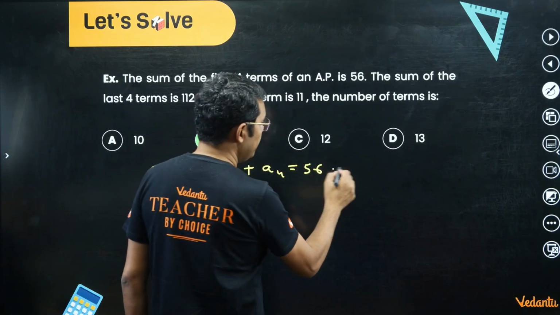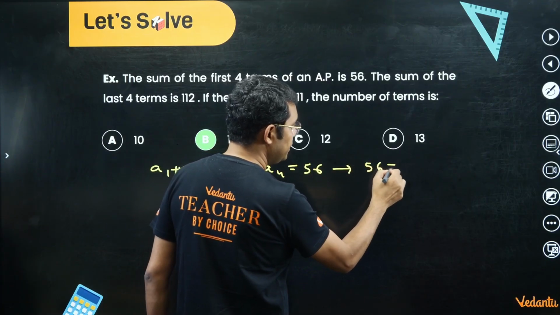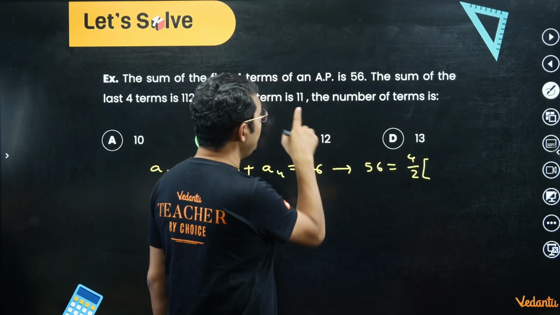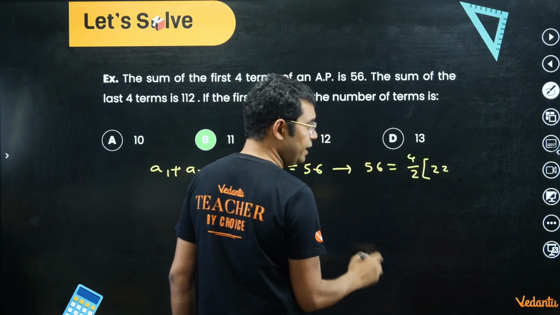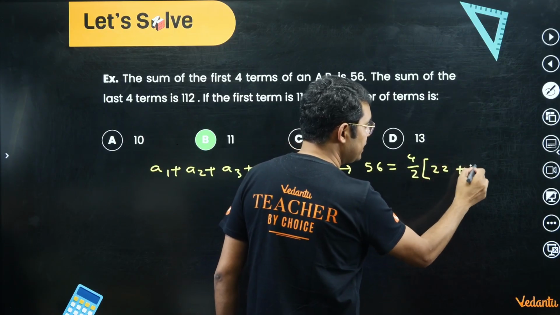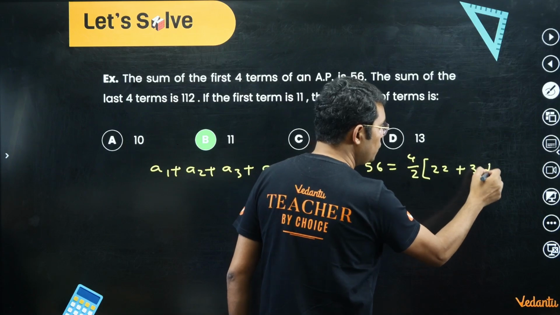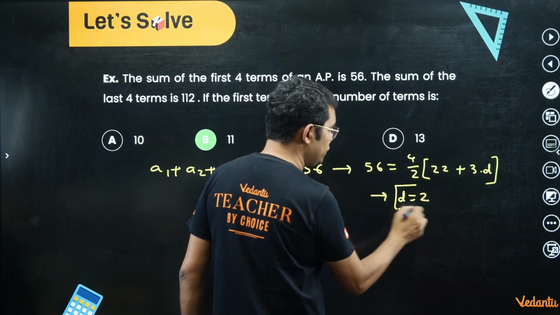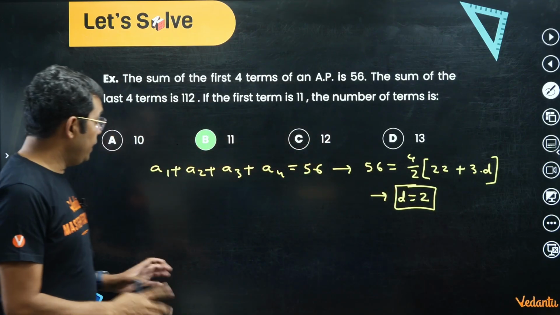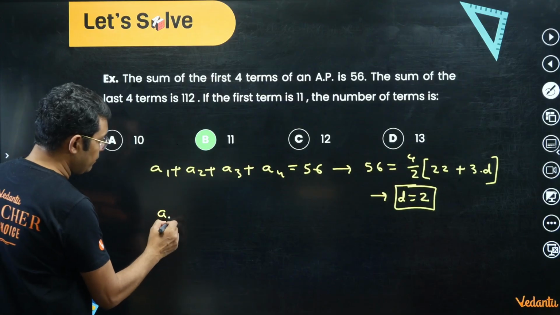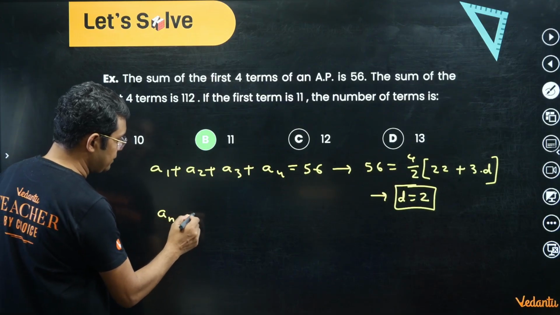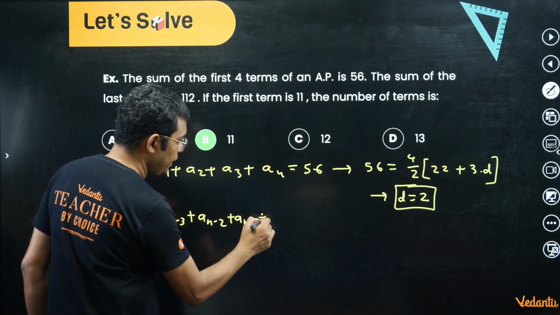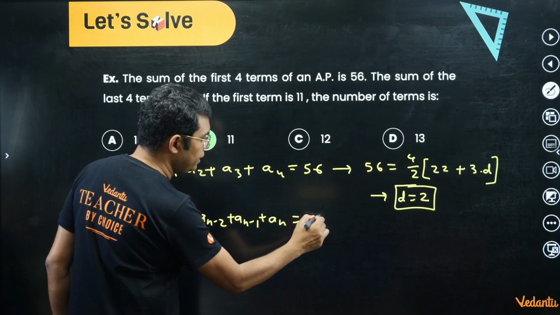Okay, in fact, we can use this 56 as n by 2, sum of 4 times, into 2a, because we are given first term as 11, plus n minus 1, 3, and into d. This will give you the value of d. I think it comes out to be 2. You can check. Okay, now we are also given sum of last 4 terms. So an minus 3, an minus 2, an minus 1, and an, that is equal to 112.